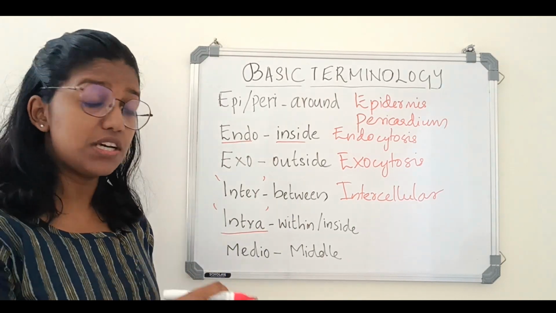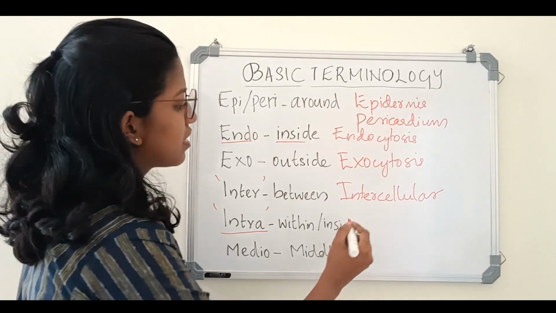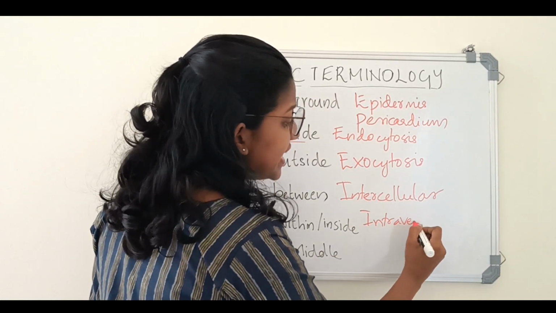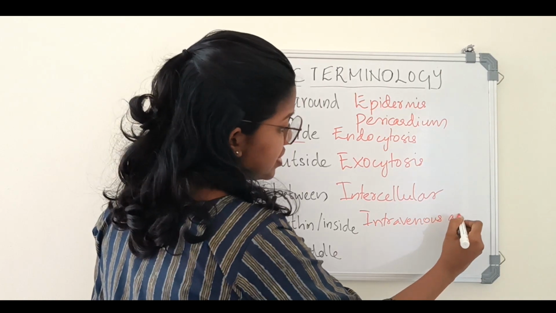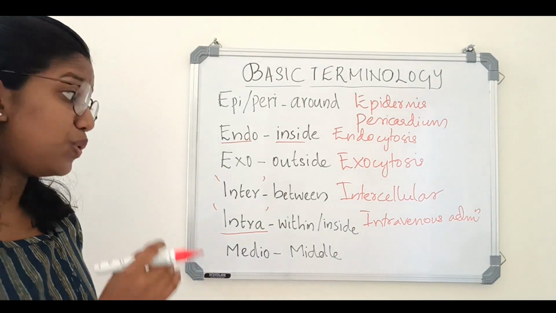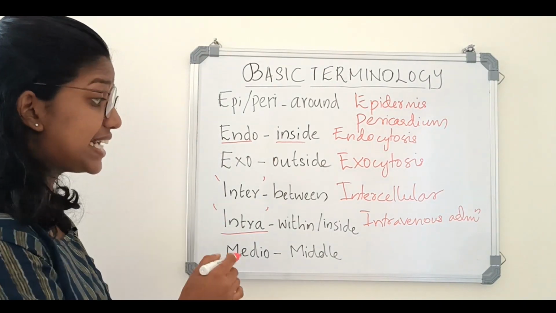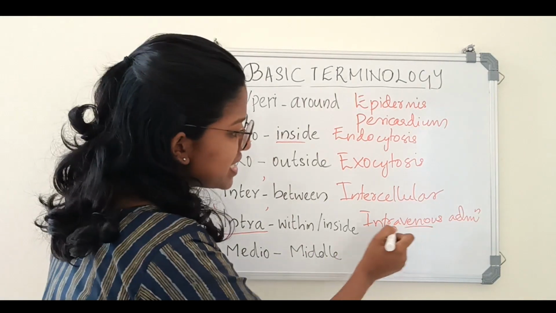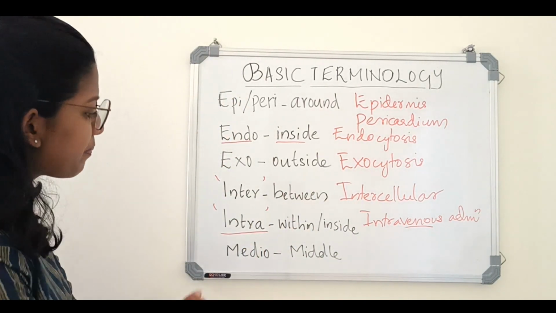Intra means within or inside. Have you heard about intravenous administration of a drug? That means we are injecting the drug directly inside the vein. Okay? Venous means vein. So, intravenous.